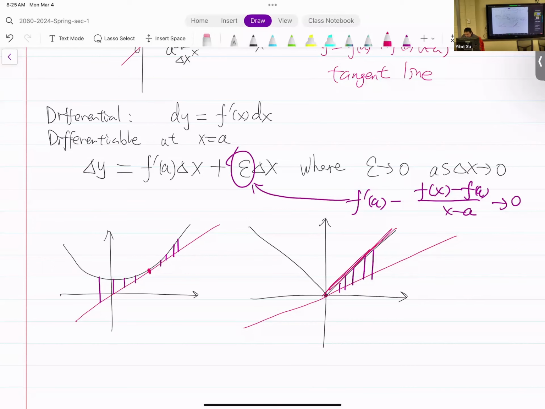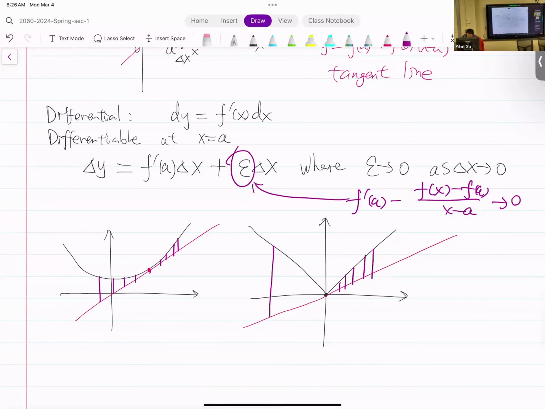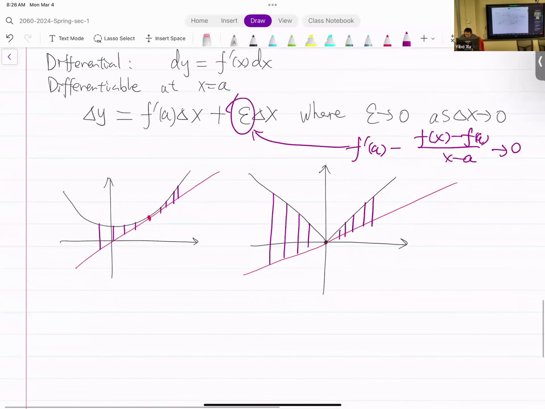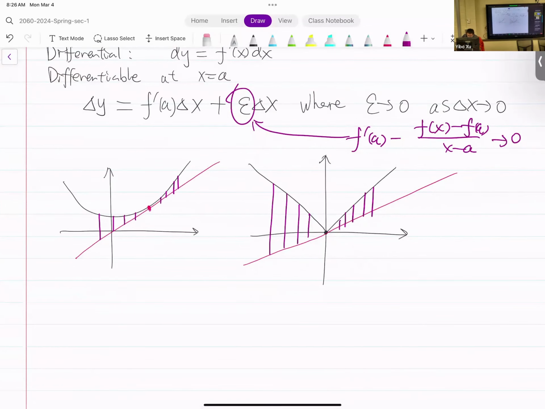And the slope here is never agreeing with this red tangent line in a sense. On the left hand side is the same thing. So the gap here is even larger, and then over the changing x, the ratio is always the same constant. So they have to approach zero on both sides in order for the function to be differentiable, which is not the case in this figure.